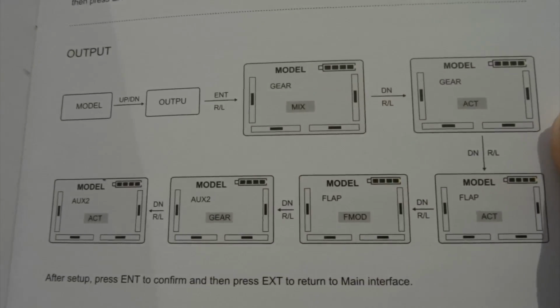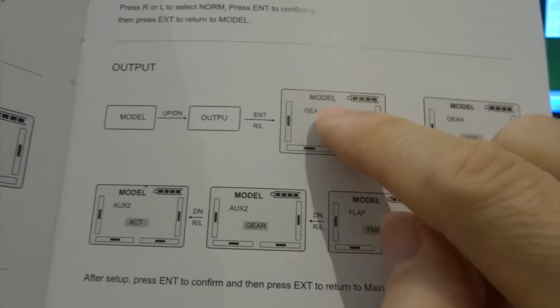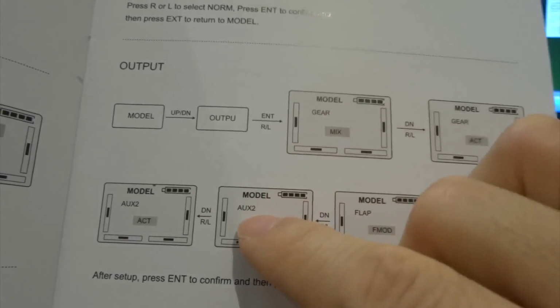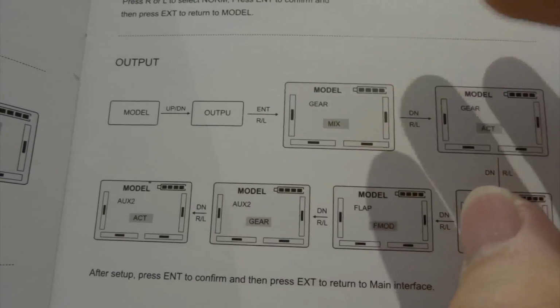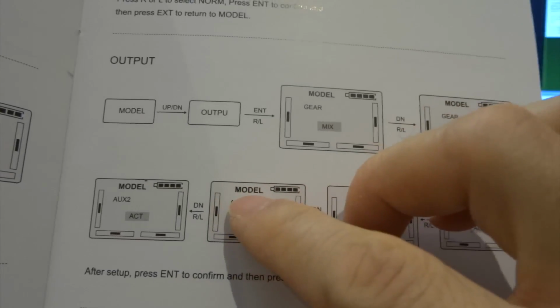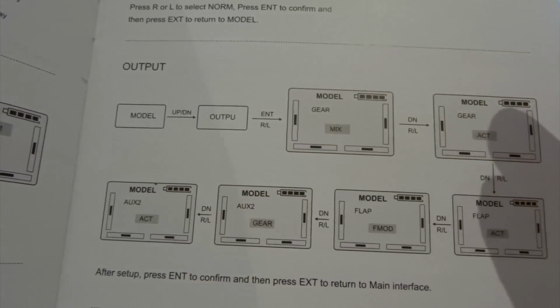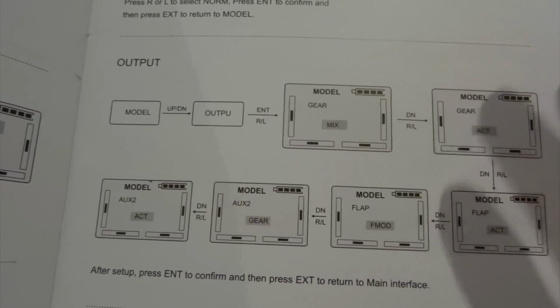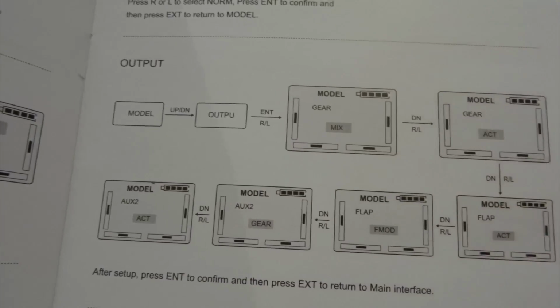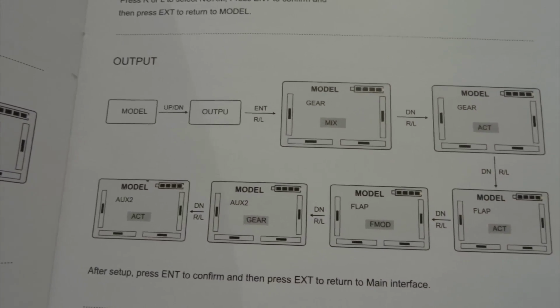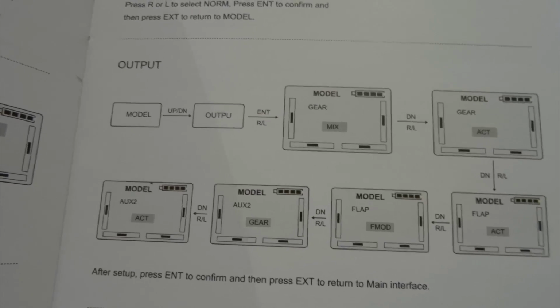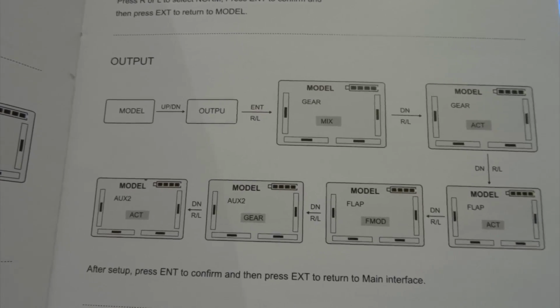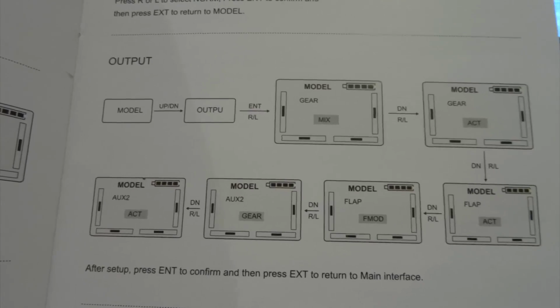So don't get confused by the gear channel and the gear switch. They are different. So just imagine this: the gear, the flap, and the auxiliary 2 are invisible to you, and they are channels on the radio. So this radio has channels: throttle, rudder, elevator, aileron, gear, flap, and auxiliary 2.